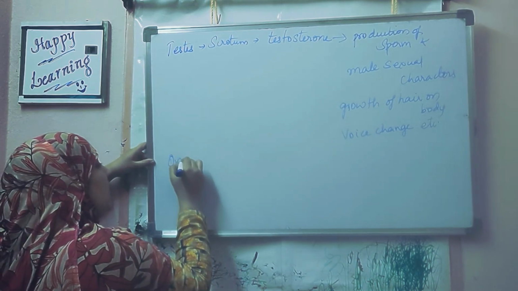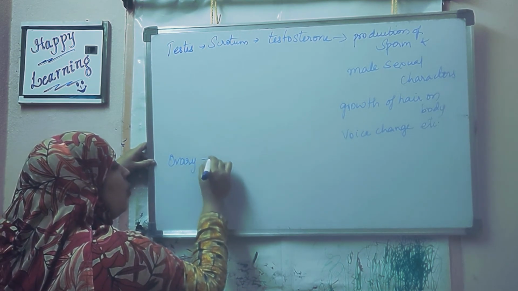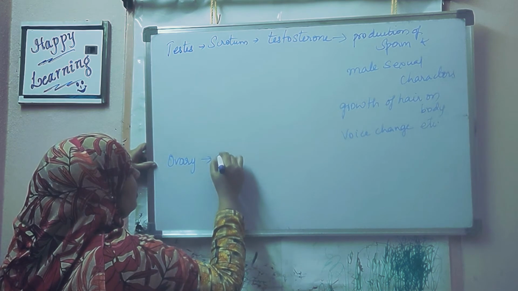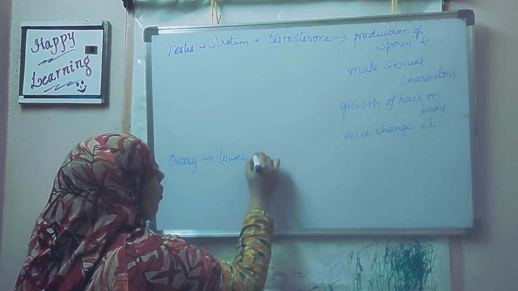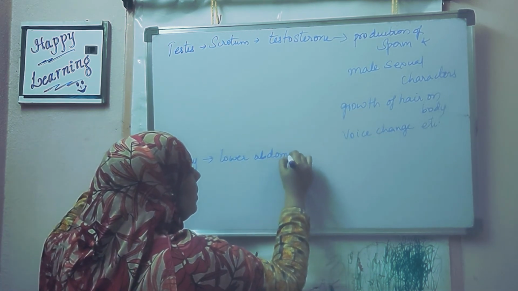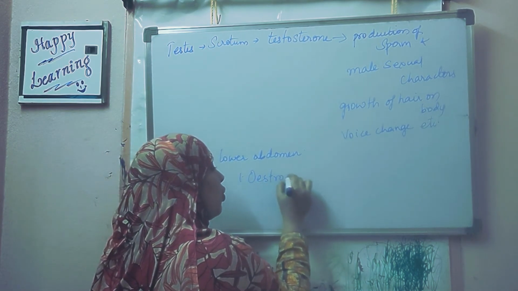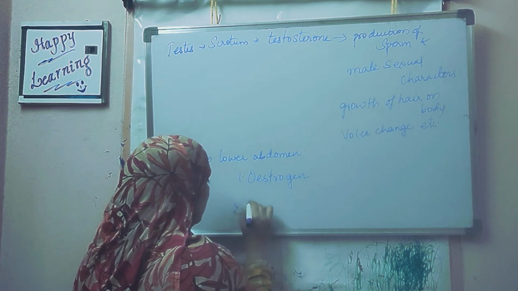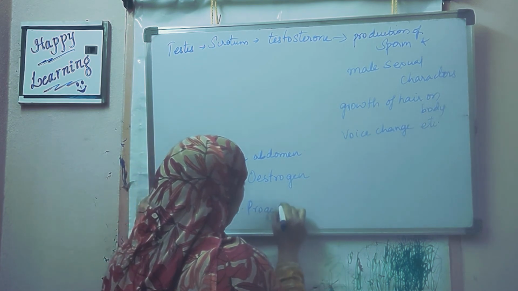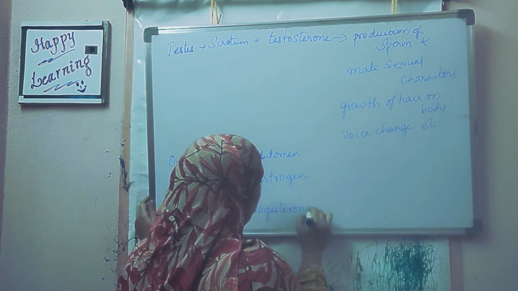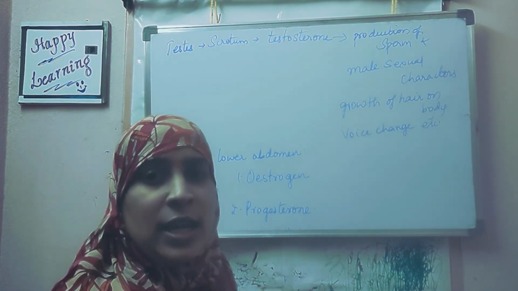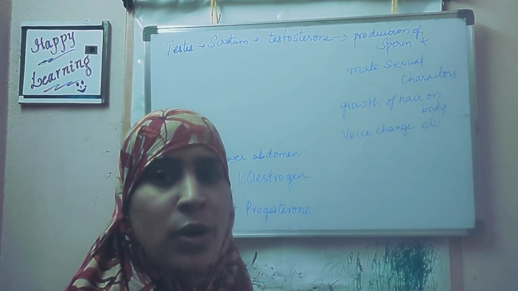Coming to the female gland, ovary, it is present in the lower abdomen. It releases two hormones. One is estrogen. Second one is progesterone.